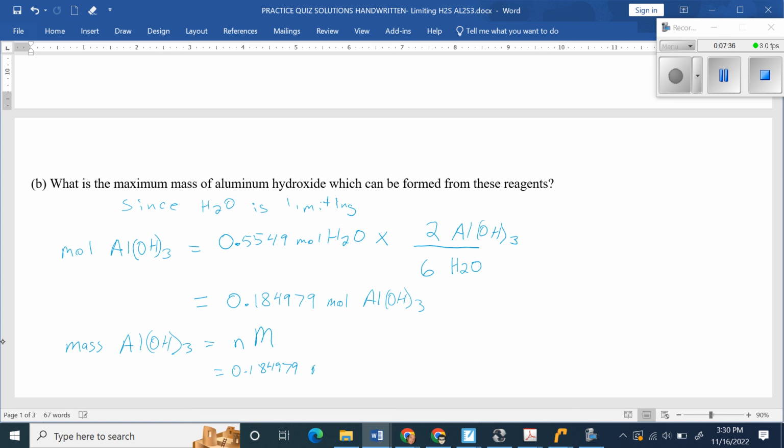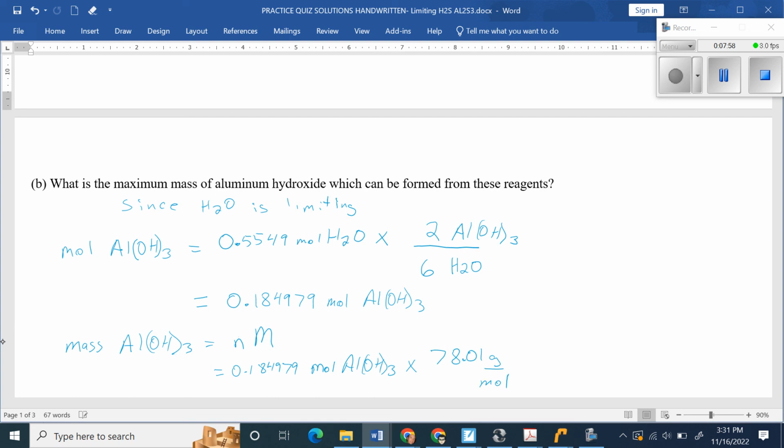So that's my moles aluminum hydroxide times the molar mass of aluminum hydroxide, right? So 1 aluminum plus 3 of those is equal to 78.01 grams per mole, right?